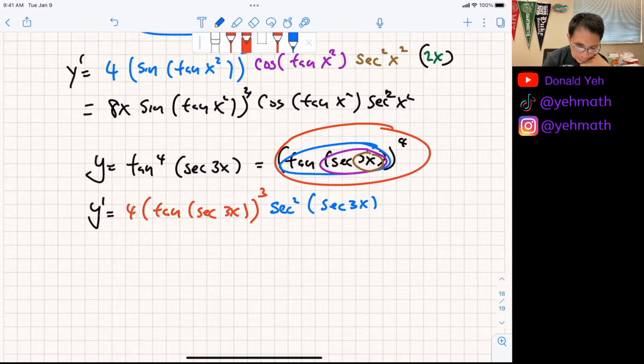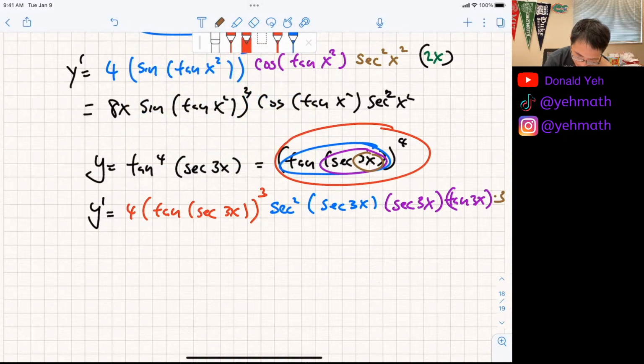Now, what's the derivative of the secant of 3x? Yeah, but you gotta be careful, here it's gonna be the secant of 3x times tangent of 3x, because that's inside still there. And let's take a derivative of the brown, which is 3.